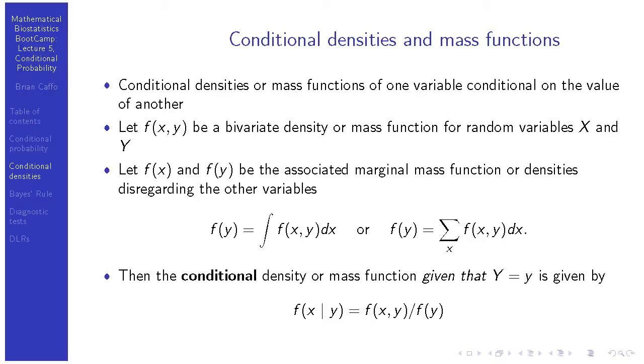So just to tie this down a little bit, let f(x, y) be a bivariate density or mass function, and it governs the probabilistic behavior of the random variables capital X and capital Y. Now, I'm going to abuse notation slightly and let the letter f be the joint density, f(x) be the marginal density associated with x, and f(y) be the marginal density or mass function associated with y.